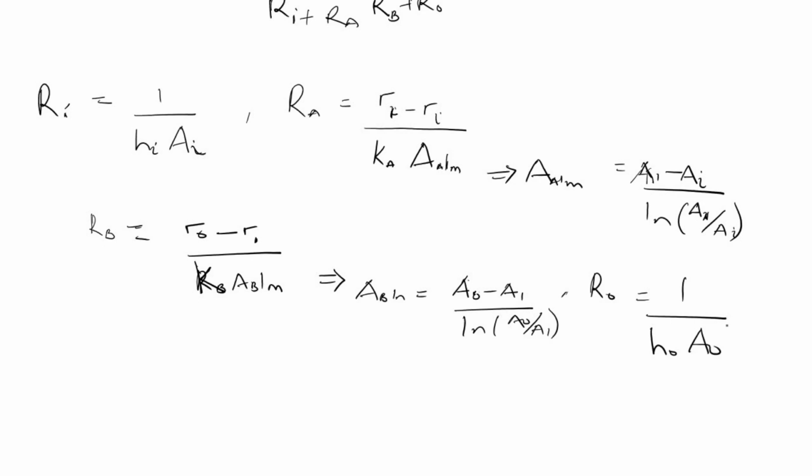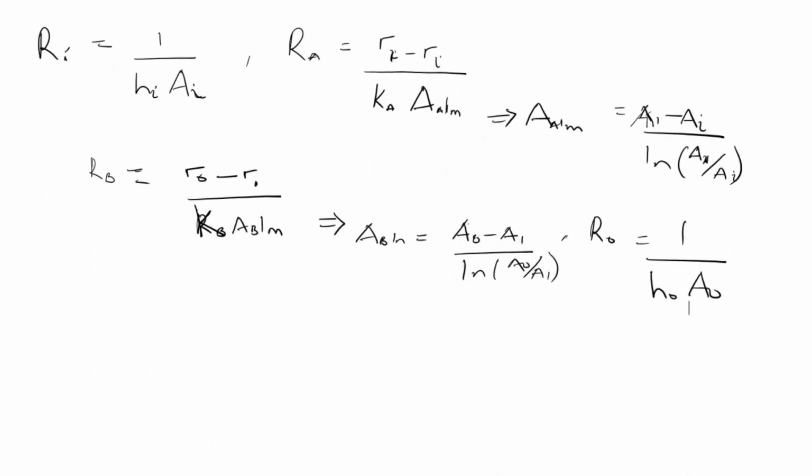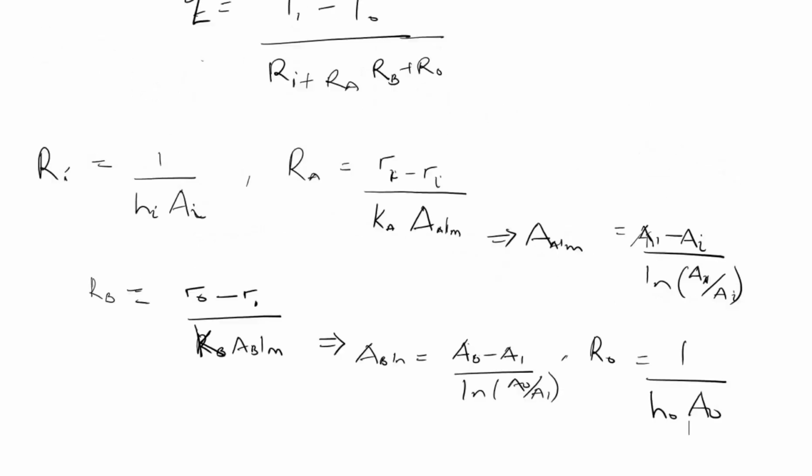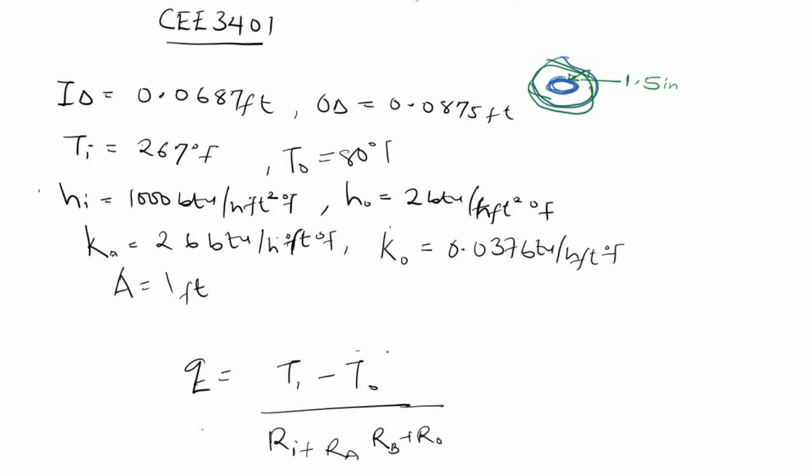So let me determine my A's and R's that I'm going to use to determine the resistances, because I already have the temperatures that I'll use for this equation of Q. So from the data here, I'm given the internal diameter to be 0.0687 feet.